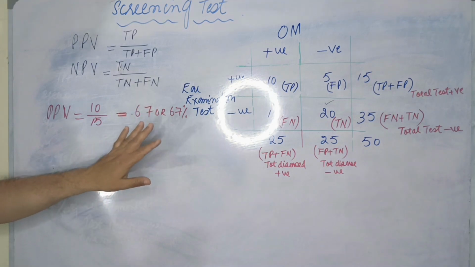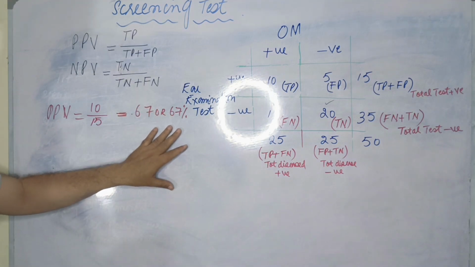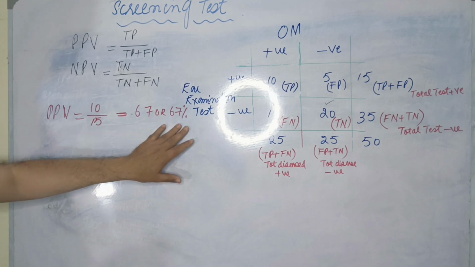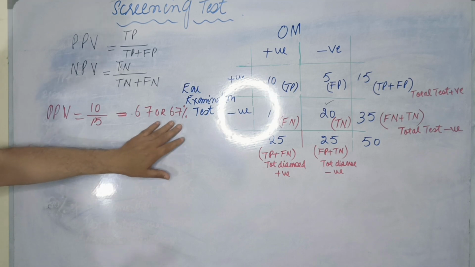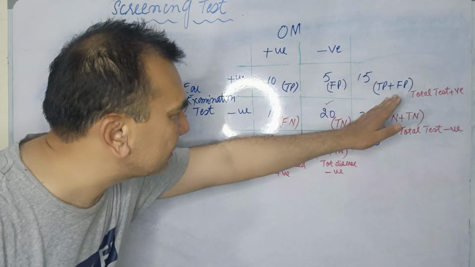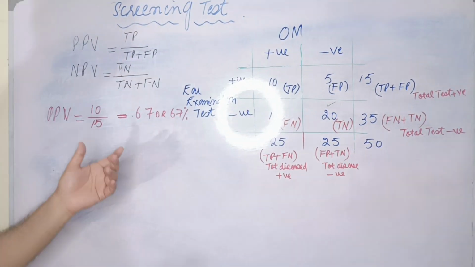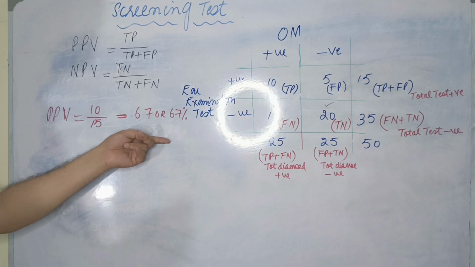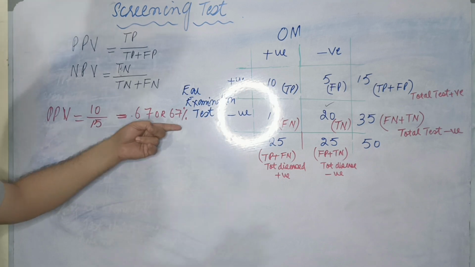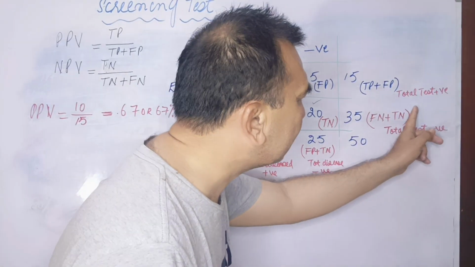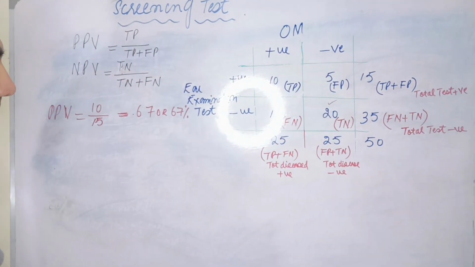You can say the 67% of the patients have the probability of having otitis media among the test positive people. Means 67% of the patients have the probability of otitis media among the total test positive people.